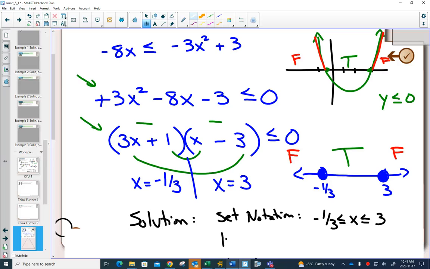In interval notation, it goes from -1/3 comma to 3, and this time we will use square brackets to indicate that -1/3 is included, and to indicate that 3 is included. So again, you've seen that notation in domain and range, and now we see it again in our solutions here.